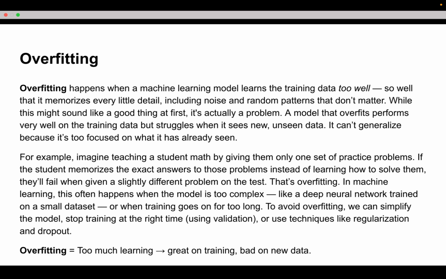For example, imagine teaching a student math by giving them only one set of practice problems. If the student memorizes the exact answers to those problems instead of learning how to solve them, they'll fail when they're given a slightly different problem. That's overfitting. In machine learning, this often happens when the model is too complex, like a deep neural network trained on a small dataset, or when training goes on for too long.